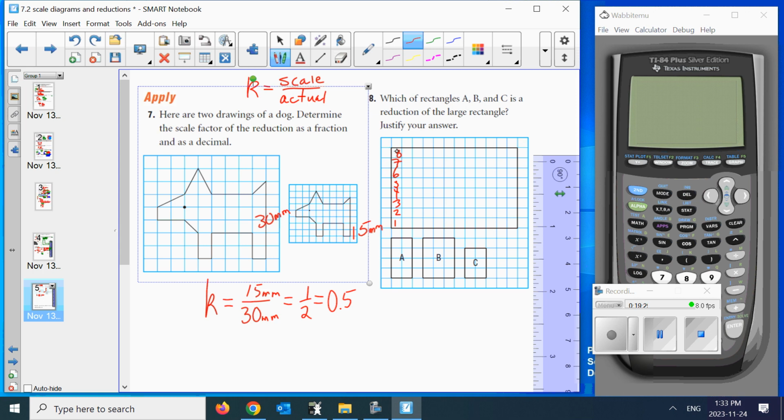The width, I call it. And the length is 1, 2, 3, 4, 5, 6, 7, 8, 9, 10, 11, 12. So if it's an 8 to 12 ratio, that means it's proportional. It's a reduction of the other.